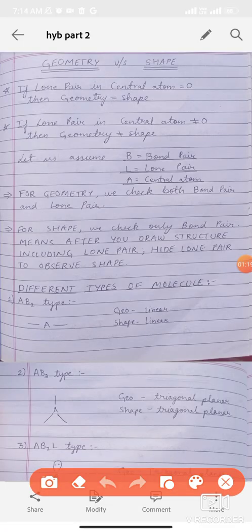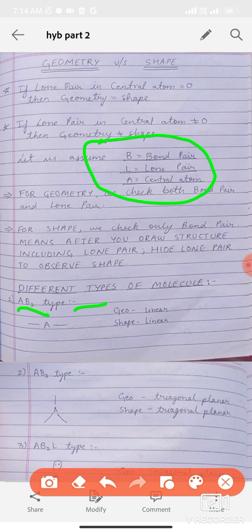Here the different types of molecules are, the first one is AB2 type. What is the meaning of AB2? As I have written above, B will refer to the bond pair. In the first case we have AB2, which means there are two bond pairs, no lone pair and a central atom.